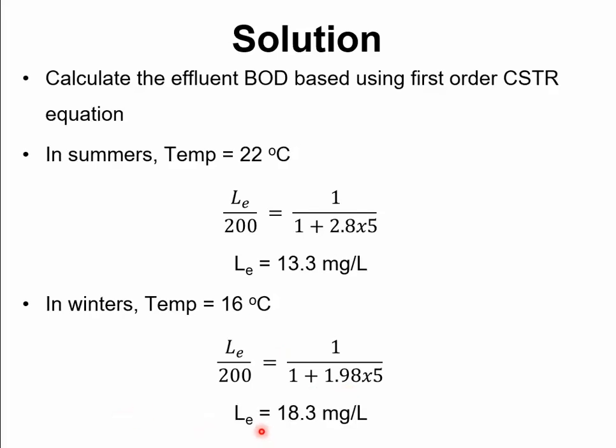So effluent BOD value would be 18.3 milligrams per liter. So in summer and winter, there would be a little different effluent BOD. But in both the cases, you can see that with 5 days retention time, a significant reduction of effluent BOD can be obtained using the aerated lagoon process.